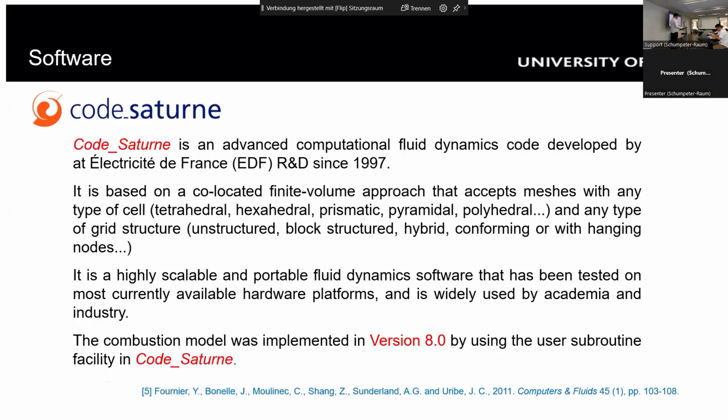And also, our computational task was carried out using Code_Saturne, an advanced open source computational fluid dynamics software developed by Electricité de France. Version 8.0 of the code incorporates various turbulence models, including Reynolds stress equations and turbulence heat flux equations.